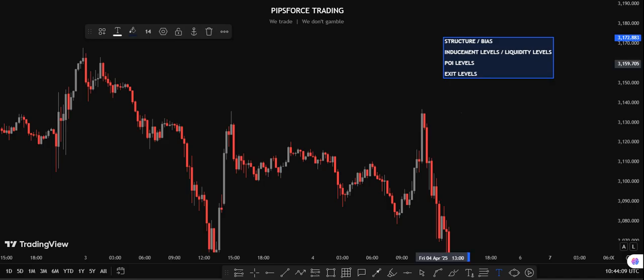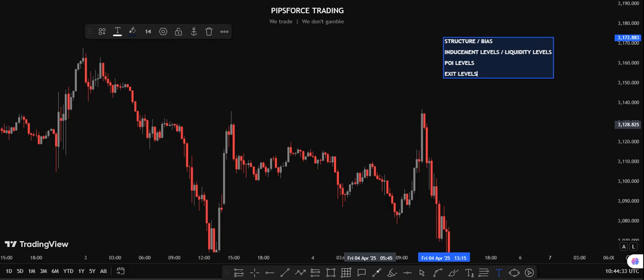In the next one, inducements, where liquidities are sitting, where price will get to take people out of the market, right? And your point of interest and also an exit level. These are just the main four things that you need to know perfectly before you analyze your trade, or you need to apply this in your analysis.